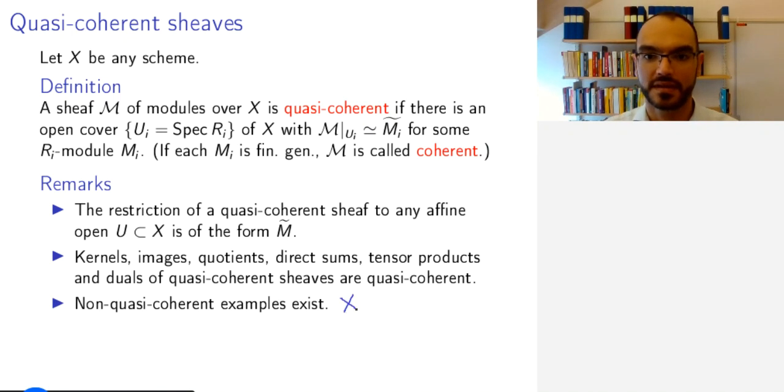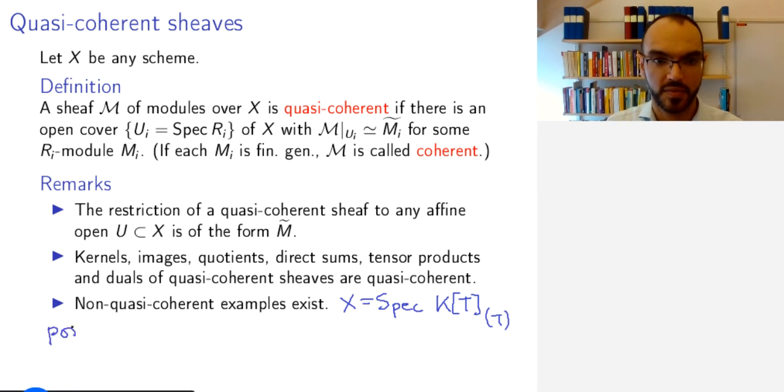So we take as X the affine scheme Spec of the polynomial ring localized at T. Then the points are the prime ideal generated by T, that's a closed point, and the prime ideal generated by 0, that's a generic point.